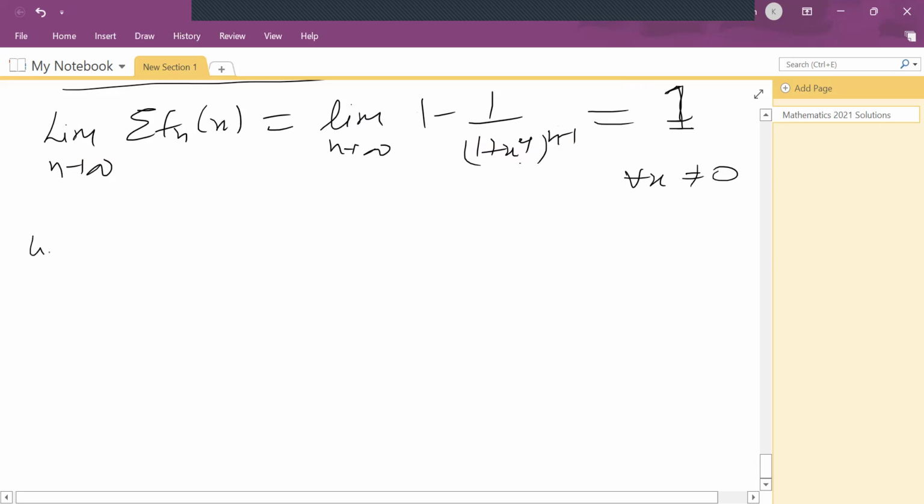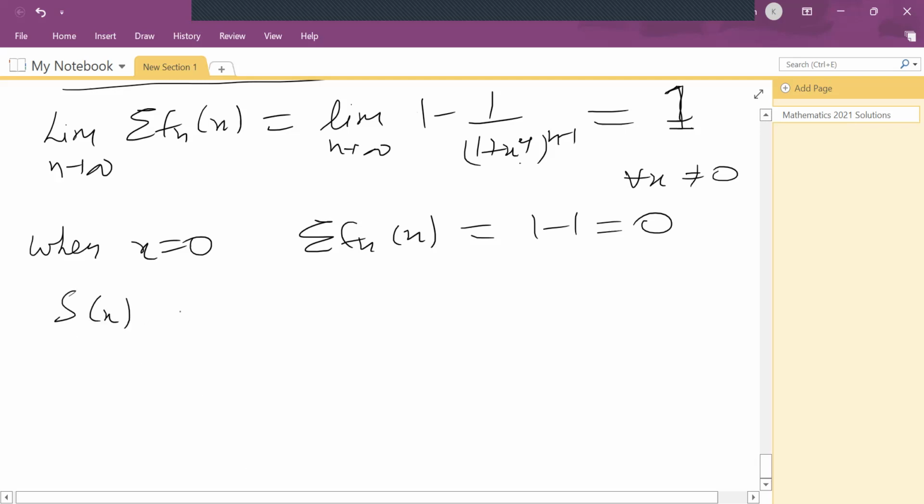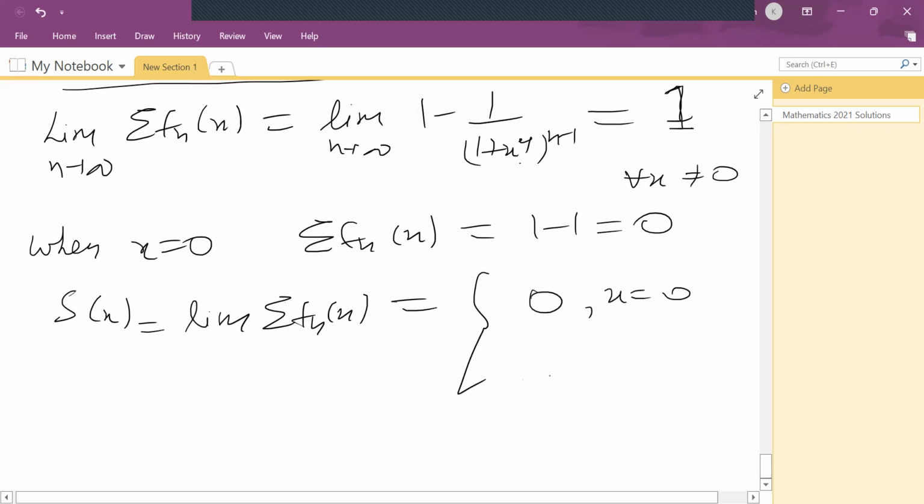Now when x equals 0, sigma f_n(x) becomes 1 minus 1, which is equal to 0. So you can say that S(x), which is the limit of sigma f_n(x), is equal to 0 when x equals 0, and 1 when x is not equal to 0.